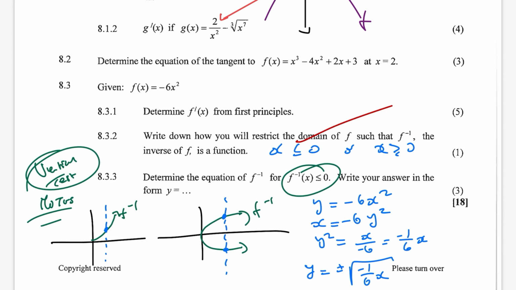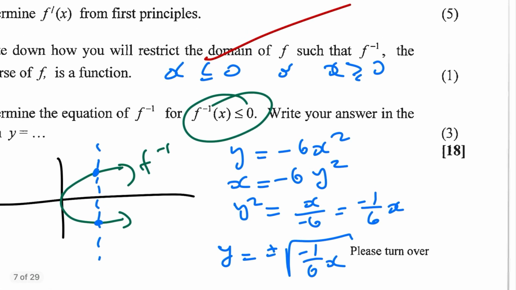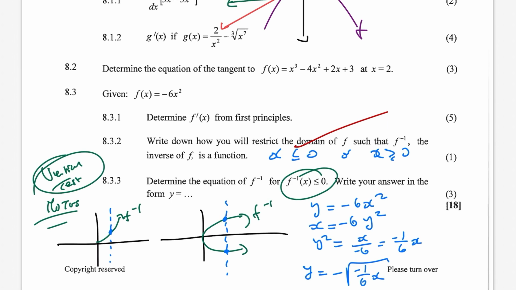They say when the inverse is less than 0, so this is going to be not plus or minus, but only minus, because we're looking for this particular domain when y is less than 0. That's your answer. And how many marks is this? This is just 3 marks. You get a mark for interchanging, a mark for solving for y, and that's how you get your 18 marks.